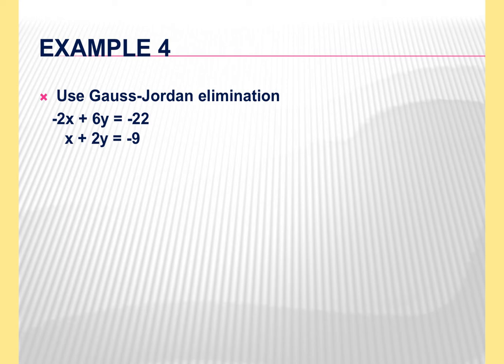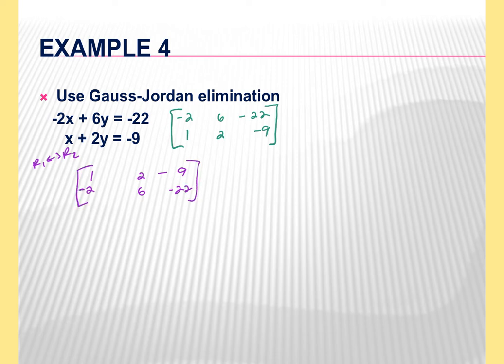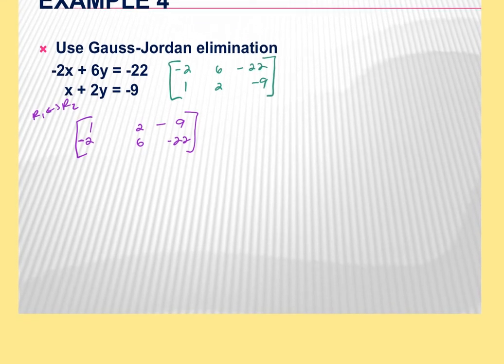So we start by rewriting: -2, 6, -22, 1, 2, -9. Everything at the beginning is the same as it was. So what's my first goal? Put the 1 at the top. So I'm going to switch row 1 and row 2: 1, 2, -9, -2, 6, -22. Then what?